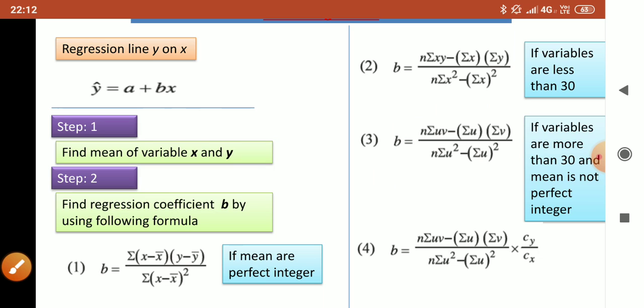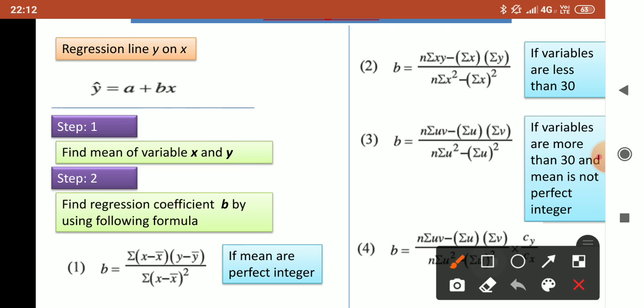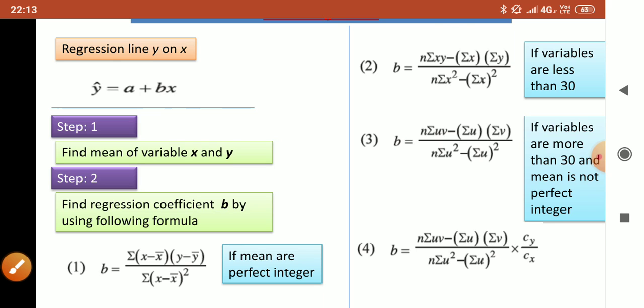Now the fourth formula is, you just have to add, that's it. Only you have to add cy by cx. At the end, n sigma uv minus sigma u into sigma v, I am talking about the fourth formula, you just have to multiply by cy by cx. Why?